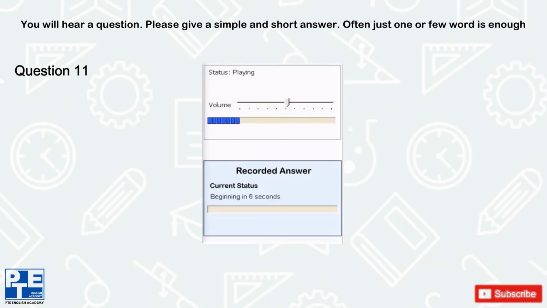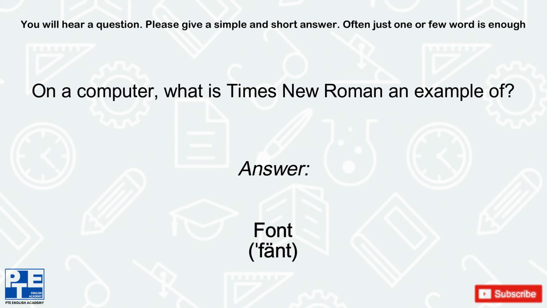On a computer, what is Times New Roman an example of? Answer: font.